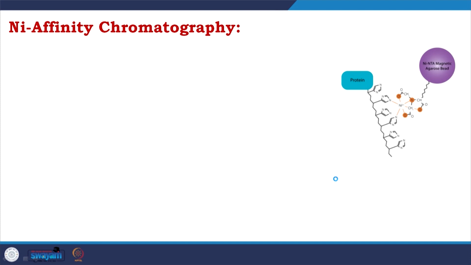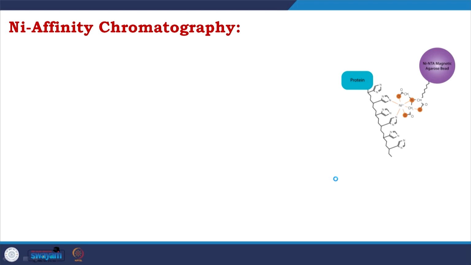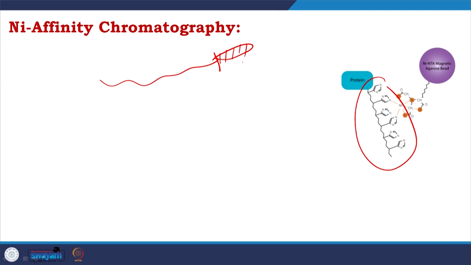As I told, at the time of genetic engineering, we include the sequence of 6 histidine amino acids, so that these 6 histidines will come at the end of the protein. Now, when we pass it through a nickel affinity chromatography column, the histidines will attach to the nickel.